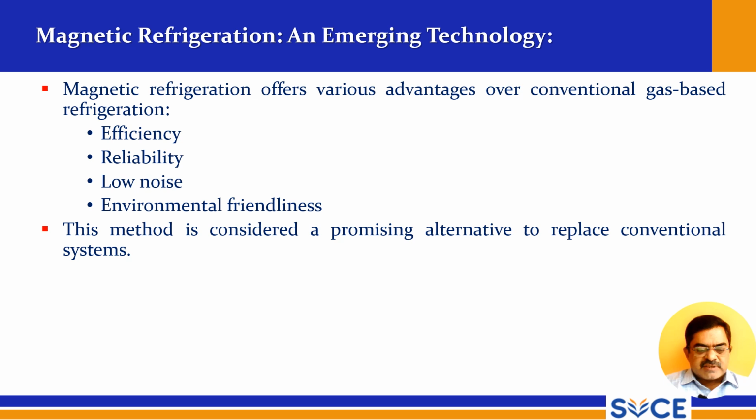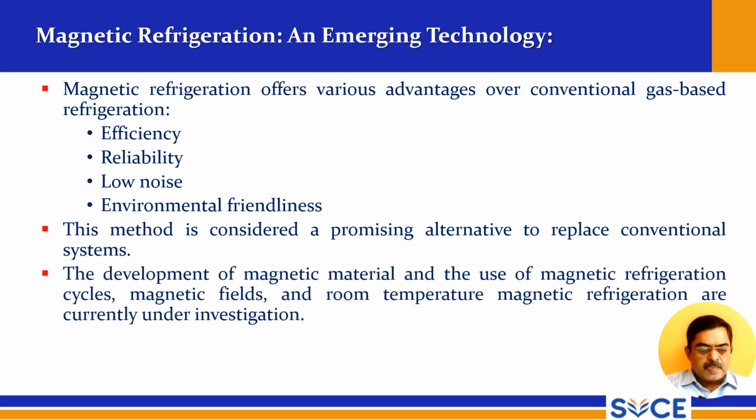So this method is considered a promising alternative to replace conventional systems. In conventional systems, we have the vapor compression system where different types of refrigerants are employed, whereas the magnetic refrigeration system can be a potential replacement for the conventional system.